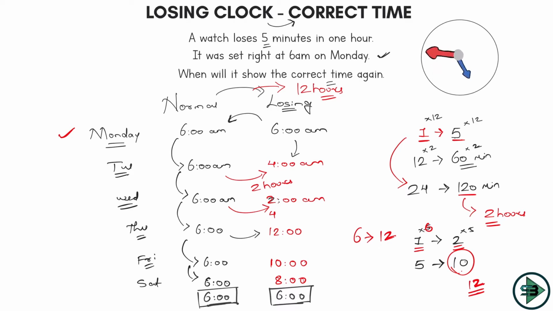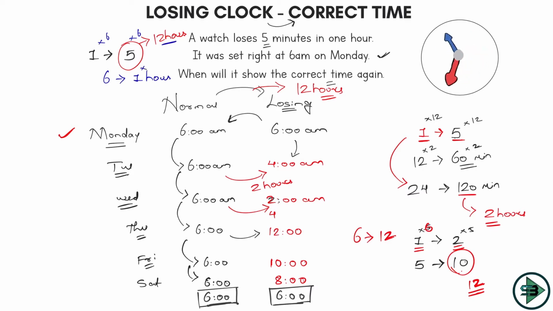So all that you have to see here is this. It loses 5 minutes in 1 hour. Okay, it loses 5 minutes. I need to get the difference of 5 minutes to 12 hours. So what should I do to get the difference of 5 minutes to 12 hours? Multiplying both sides by 6 first. Okay, so 1 into 6, 6. In 6 hours, it will lose 1 hour. Okay, still I did not reach 12.